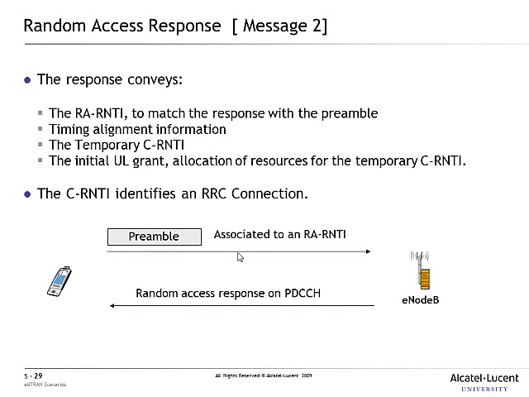So when the preamble is received at the eNodeB, the eNodeB sends a response to the preamble, and it also gives it some timing alignment information. Again, remember, timing alignment was something that we used in GSM and GPRS.